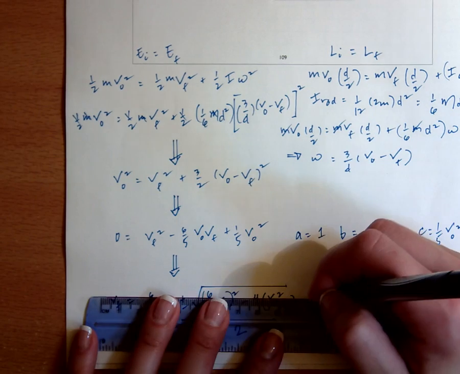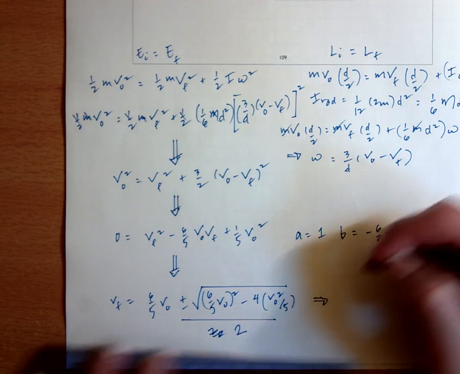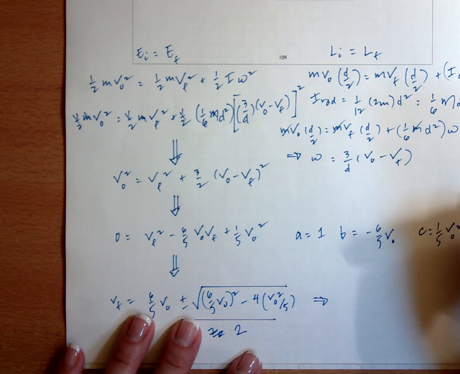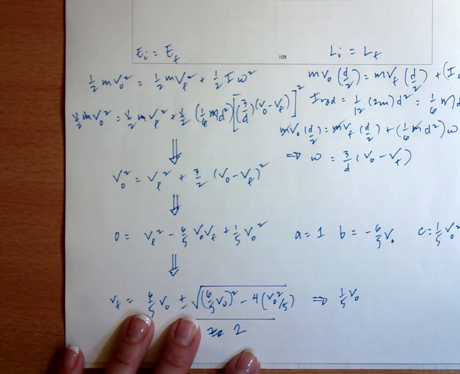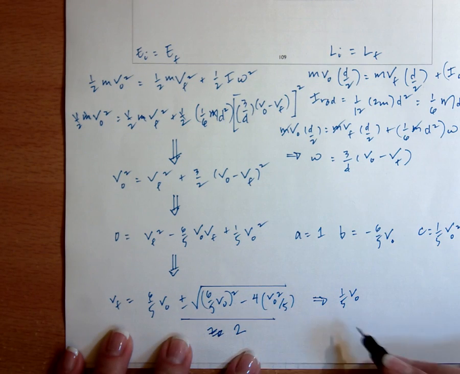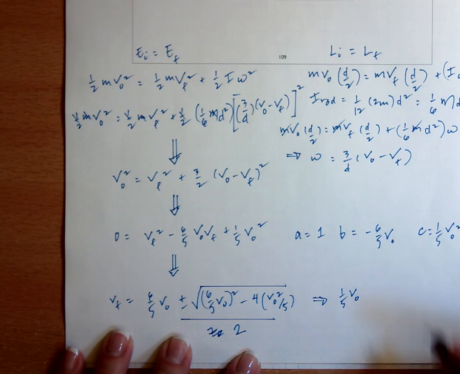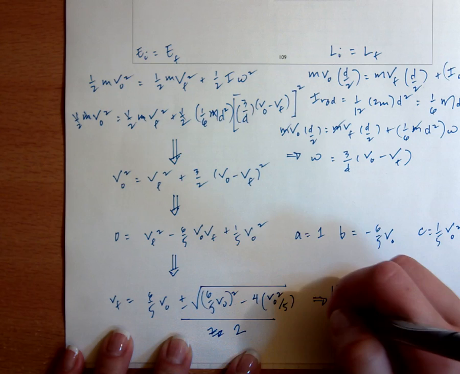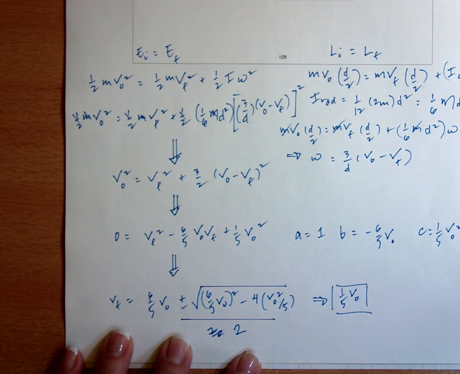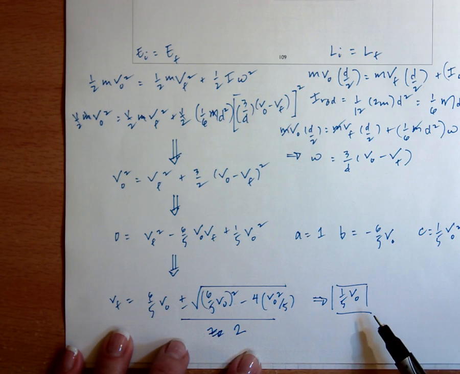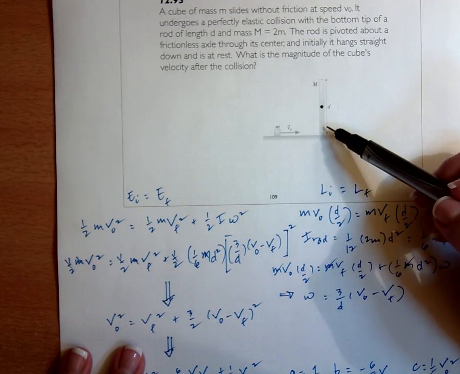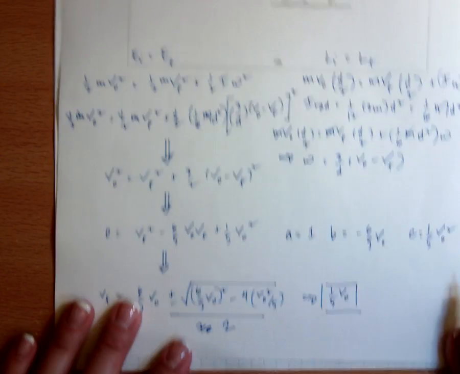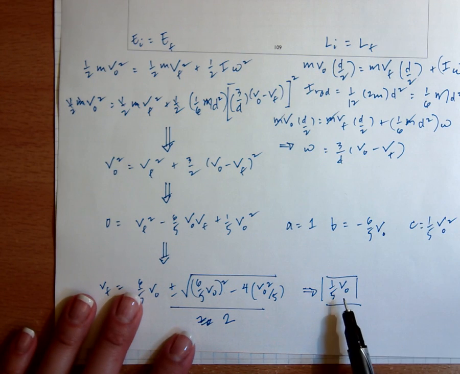And then if you further simplify, you get two solutions. One solution says v final is equal to 1/5 v initial. Turns out that is the solution: the mass starts out with v initial, has a collision, and ends up with 1/5 of its initial velocity.